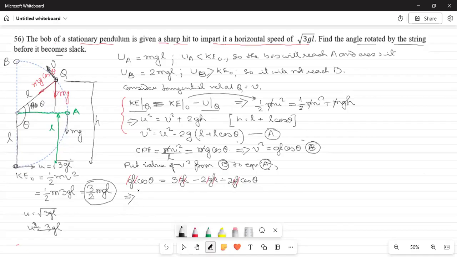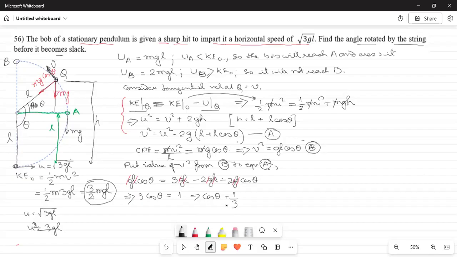So now I have cos theta plus 2 cos theta is equal to 3 cos theta is equal to 3 minus 2 is equal to 1. From here we get cos theta is equal to 1 by 3.